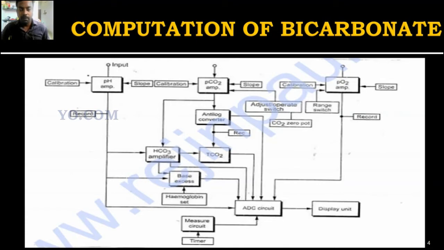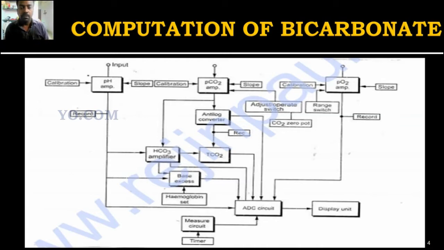Similarly the PO2 amplifier. These are the amplifiers that receive input from external sensors. All of these are combined together, and then given to the ADC. The ADC converts this analog input into digital, and it is used to store and also to display. So this is the block used to measure the bicarbonate.